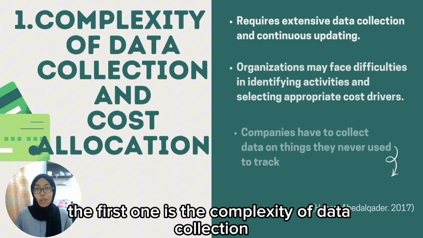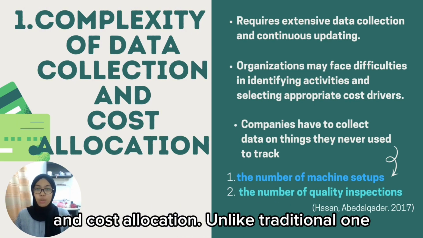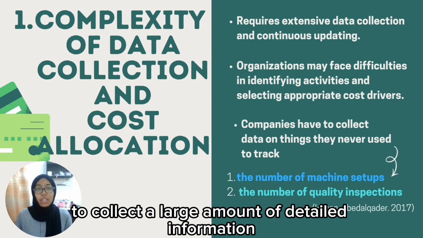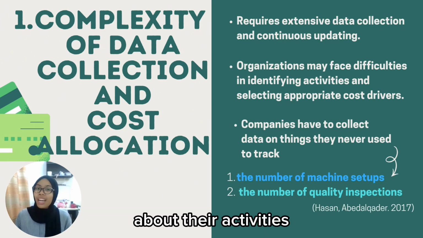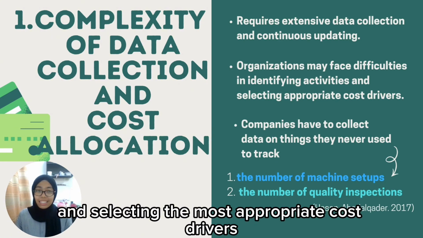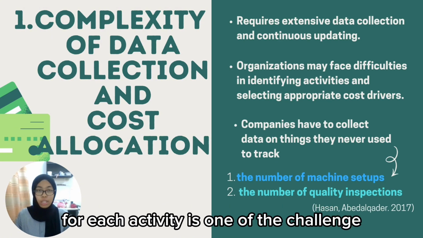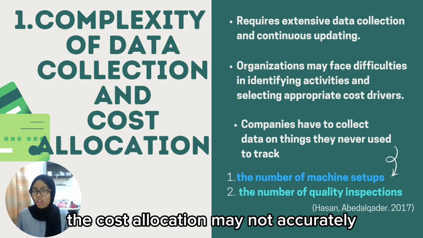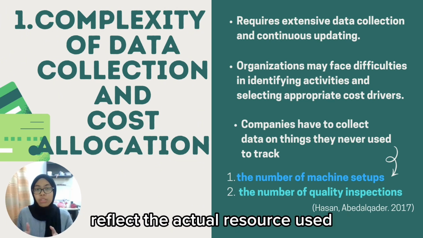The first one is the complexity of data collection and cost allocation. Unlike traditional costing, ABC requires organizations to collect a large amount of detailed information about their activities. Identifying the activities that consume resources and selecting the most appropriate cost drivers for each activity is one of the challenges. If the wrong cost drivers are chosen, the cost allocation may not accurately reflect the actual resources used.